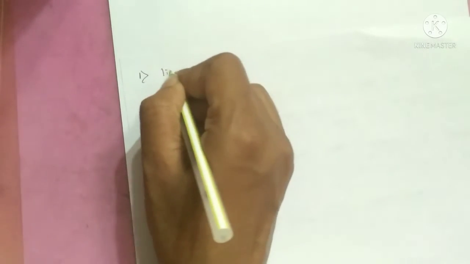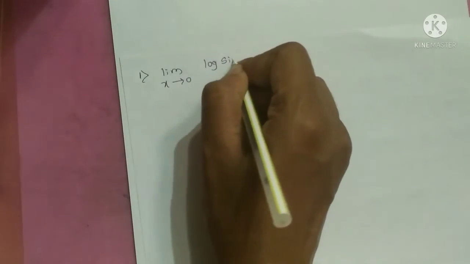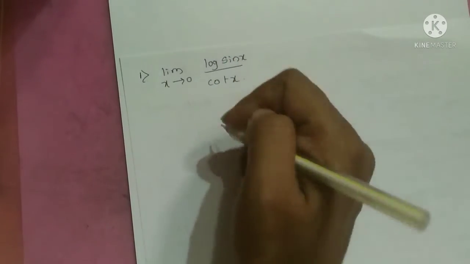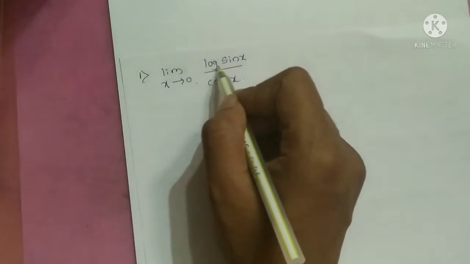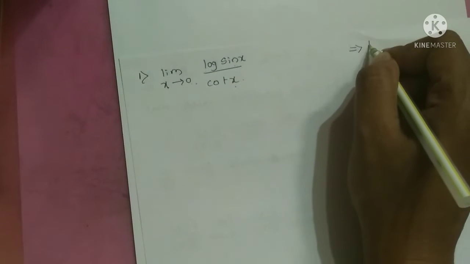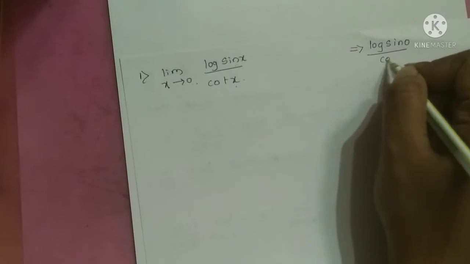So what is your first problem? Your first problem is limit x tends to 0 of log sin x by cot x. What is your first step? You have to substitute the given limit, x tends to 0, in the numerator and denominator. So limit log sin 0 by cot 0.